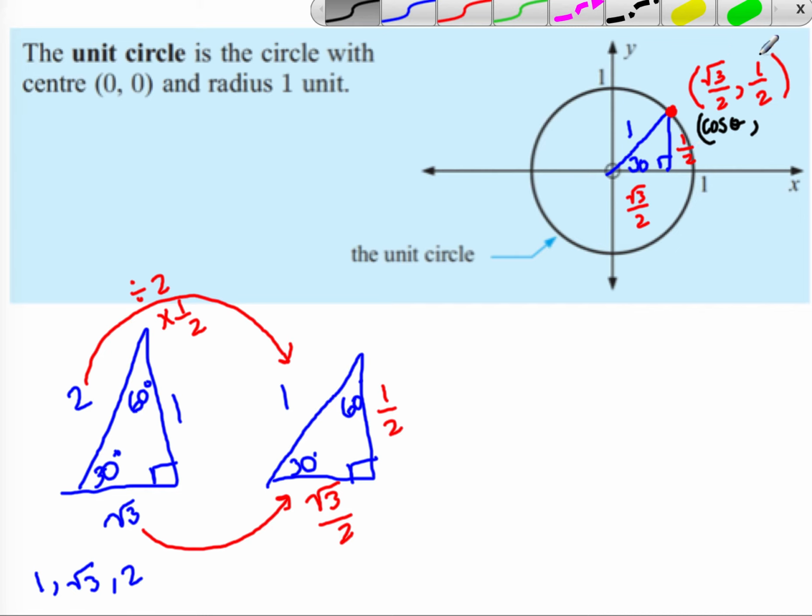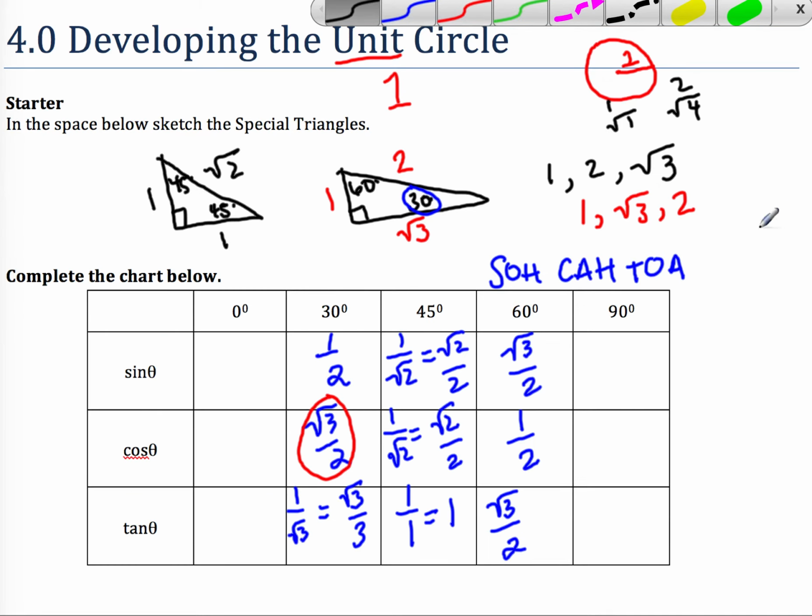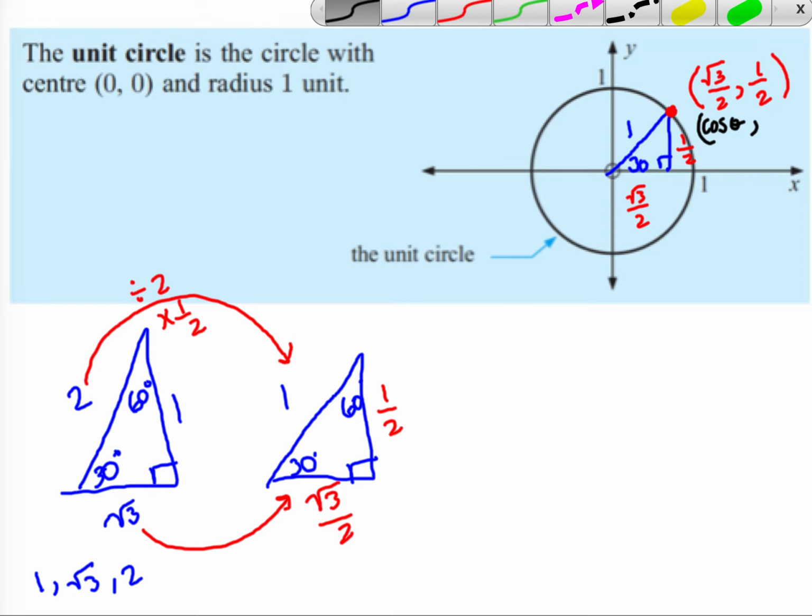Now let's look, how does 1/2 relate to 30 degrees? Go back here, 30 degrees, 1/2 is our sine. So this coordinate point is actually just cosine, sine.